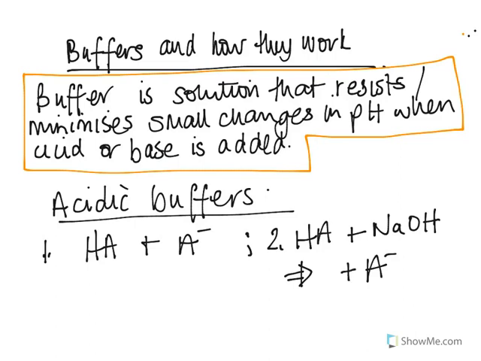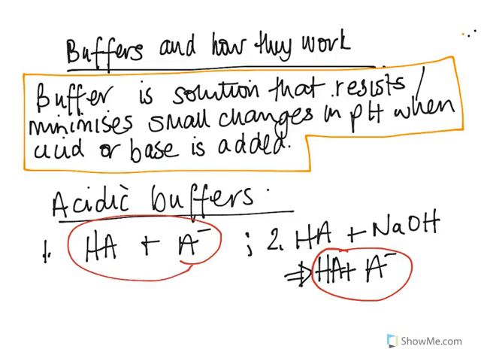And provided we have put our weak acid there in excess, you'll see that what both of these are giving us is a solution of a weak acid and its conjugate base. And it's this solution that effectively is our buffer.